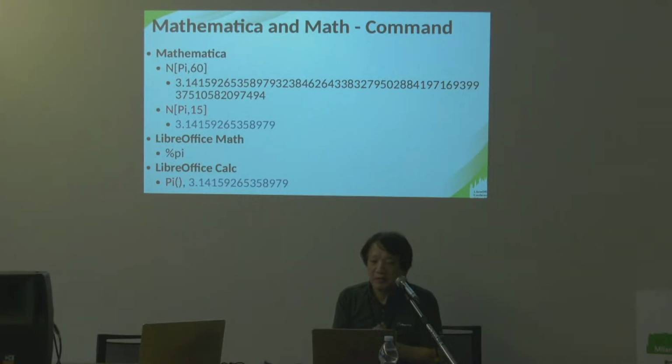So Mathematica and Math command, okay, pi 60 is here, 60 length, 3.1 for some blah blah blah, and pi 15 length is the same as the LibreOffice Calc answer, just 15 length.